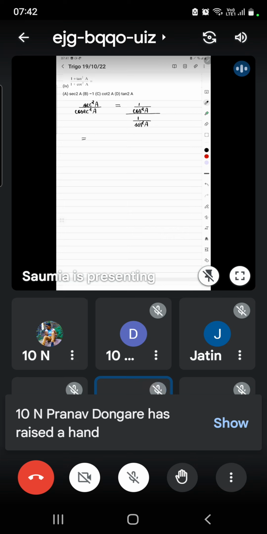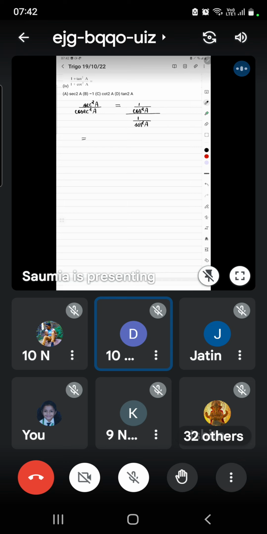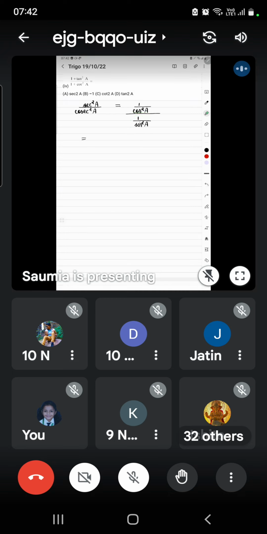Now what do I have? I have one fraction upon another fraction. So I can replace it by a multiplication sign, and I have to reverse the second fraction. The second fraction will become sine square A upon 1. Now, multiplying two fractions, I multiply both the numerators together and both the denominators together.